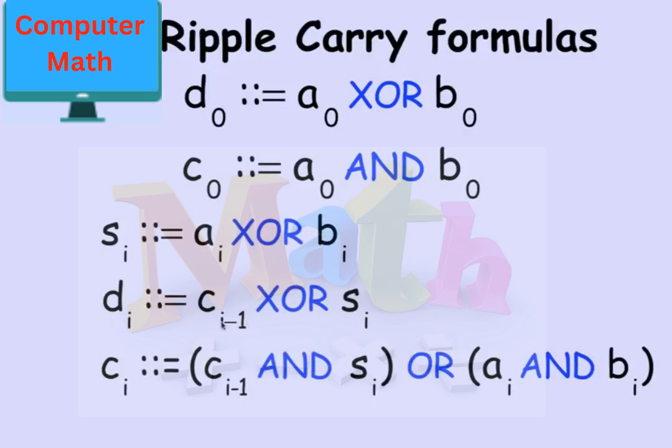Di is then going to be Ci-1, the carry from the previous place, XORed with Si. And the new carry, Ci, is going to be the output of the second half adder, which is Ci-1 and Si, or the output of the first half adder, which is Ai and Bi. So the point is that I've just taken the wiring and translated it into equations like this.